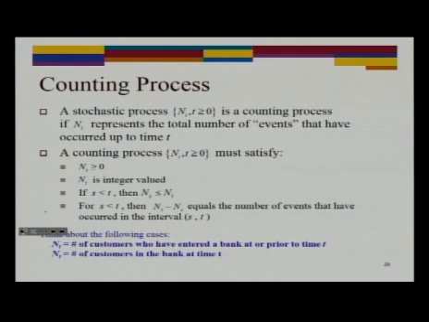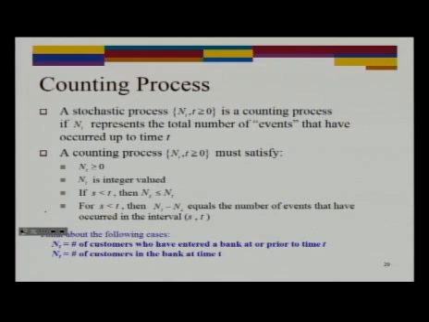Does that make sense? And if N sub t is the total number of customers in the bank at time t, then in this case N sub t is not a counting process. Do you know why? N sub t is the total number of customers in the bank at a certain time t.